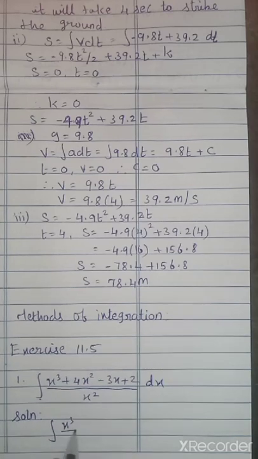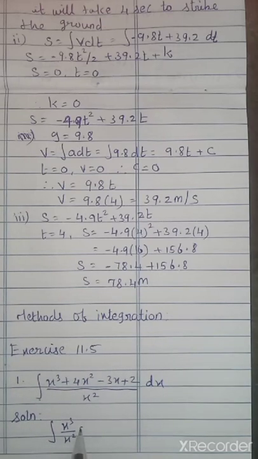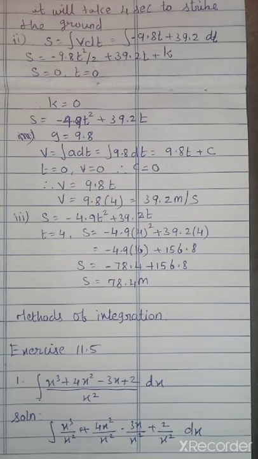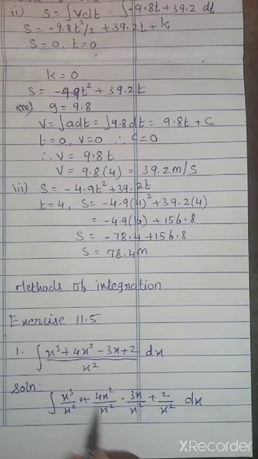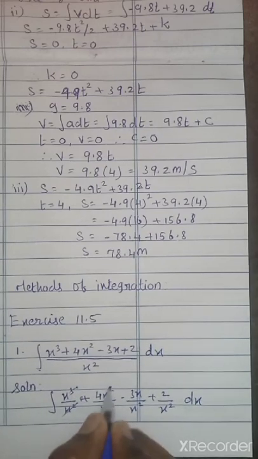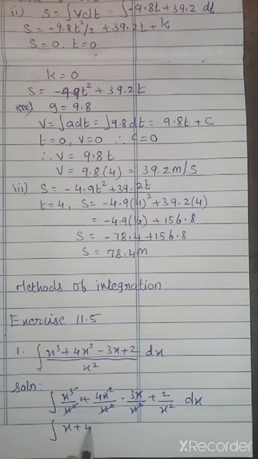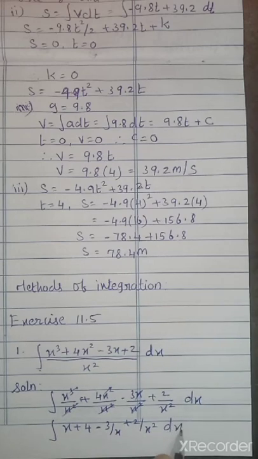Integration x cube by x square plus 4x square by x square minus 3x by x square plus 2 by x square into dx. Again, if we simplify this, we will get integral x plus 4 minus 3 by x plus 2 by x square dx.